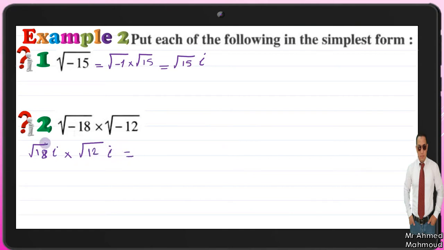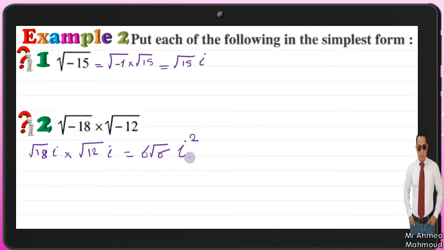Now root 18 times root 12 equals 6 root 6. i times i equals i power of 2. Don't forget that i power of 2 equals negative 1.